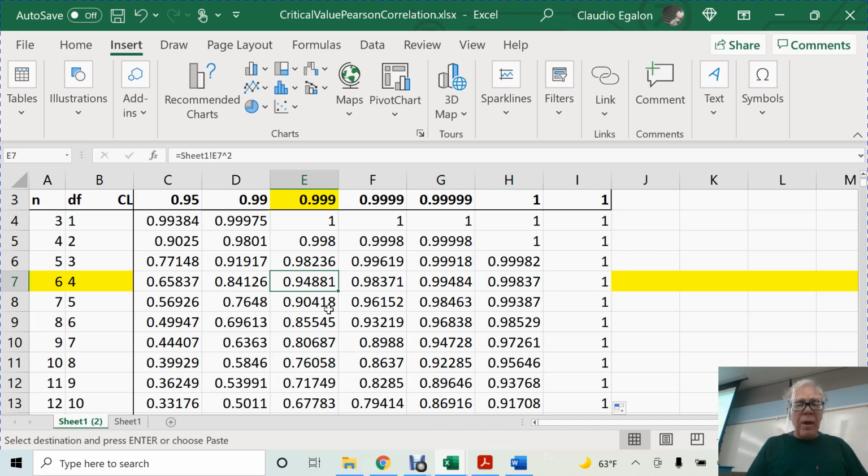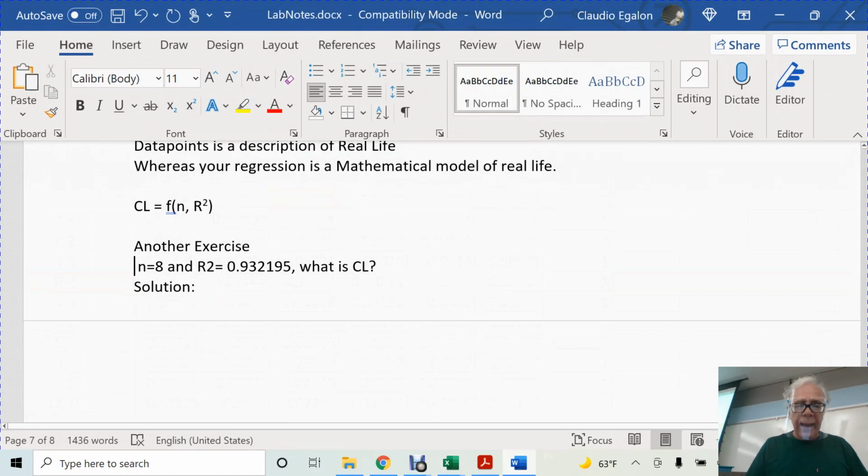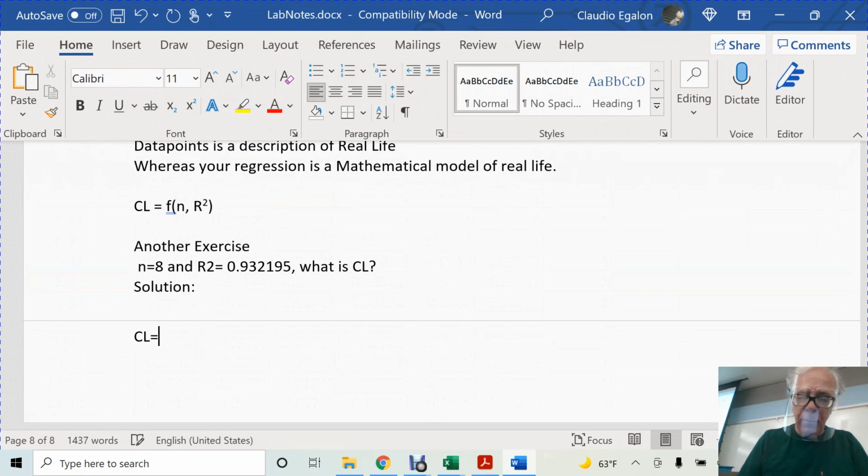Okay, so let's do another exercise here. Now suppose that you got an R squared, N equal to 6. CL is equal to 99.99%, right? That's for the previous one, which is 0.9999.